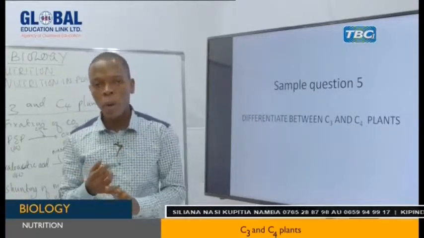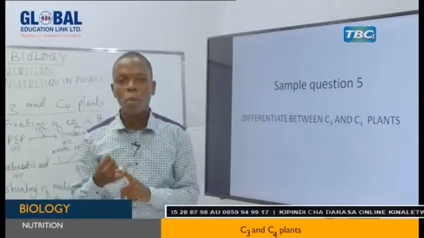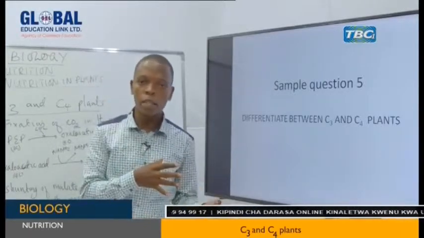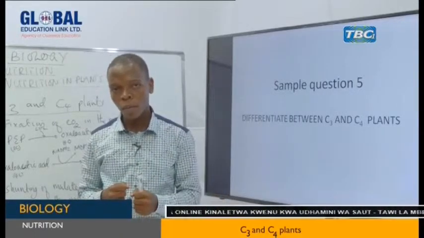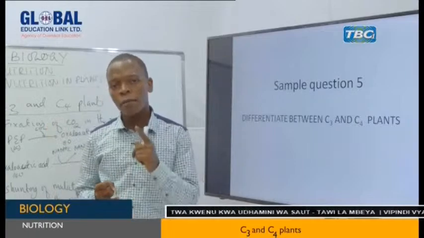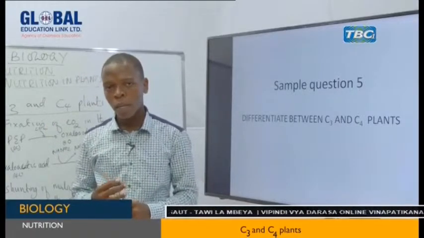In criterion number 1, you may say the fastest stable product. For C3 plants, the fastest stable product to be formed has 3 carbons, but for C4 plants, it has 4 carbons. Criterion number 2, you may use leaf anatomy.